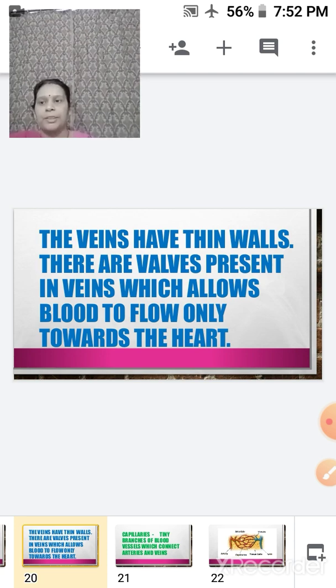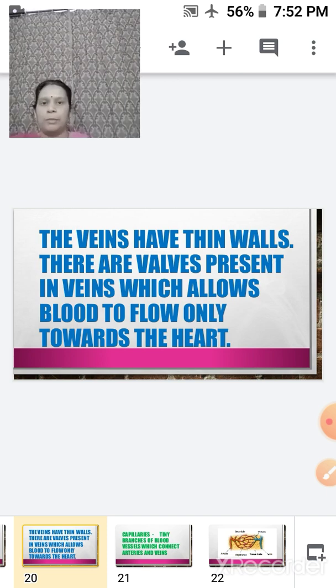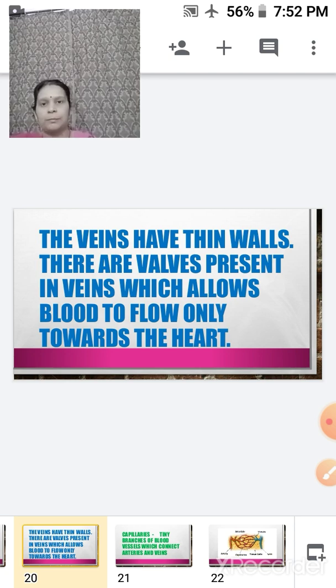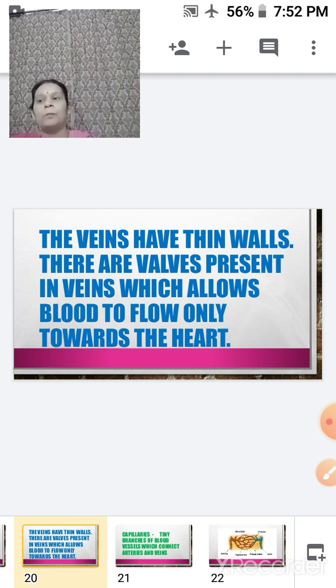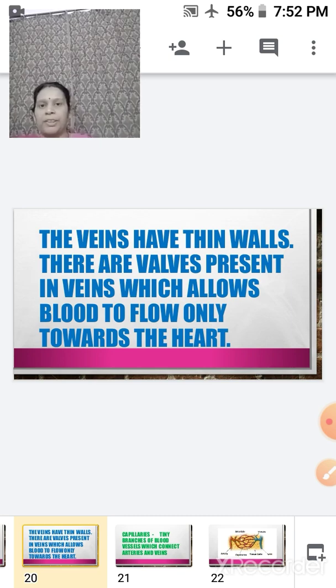It is because of these valves, which prevent the backflow of the blood. The veins have a very thin wall. Just now we studied that the arteries have a thick wall, but these veins have a very thin wall.